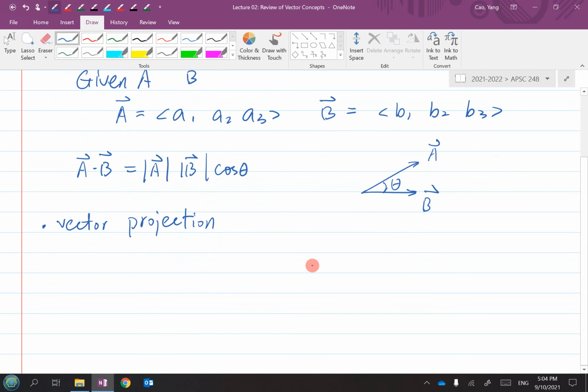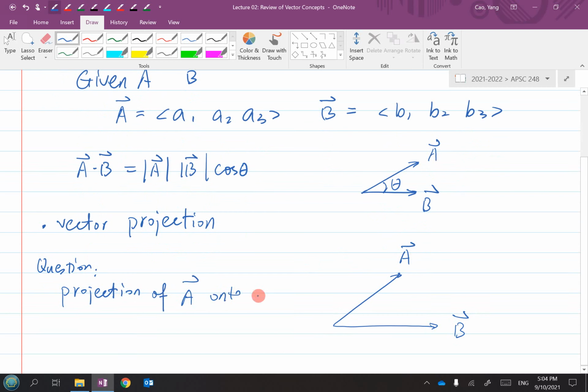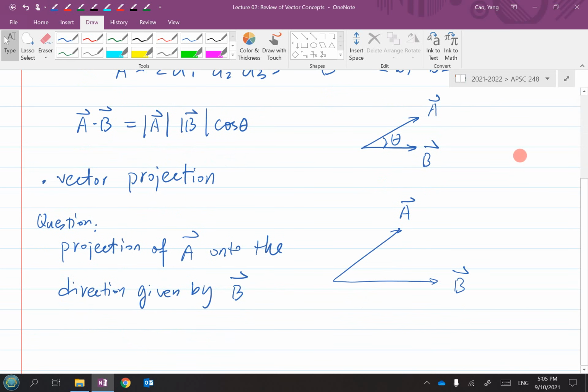So here's the formulation of the problem. Let's say I have a vector A here and a vector B. So that's the given condition. Now the question is, if we project the vector A onto the direction given by B. What this means is, projection, as you learn in CAD, you draw a perpendicular line to that direction.